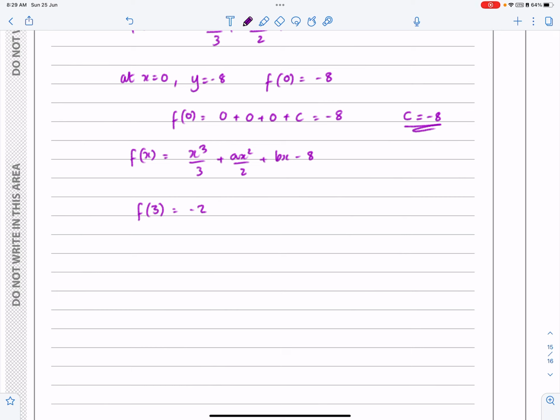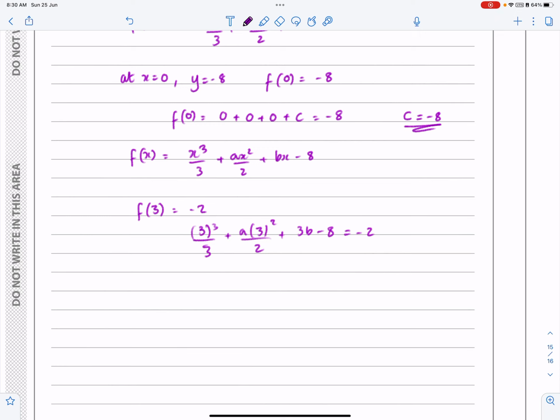So 3 cubed over 3 plus a times 3 squared over 2 plus 3b minus 8, all of that works out to be equal to -2.